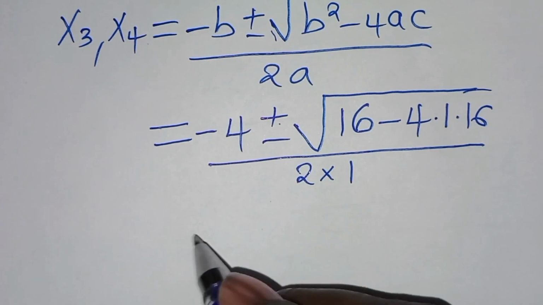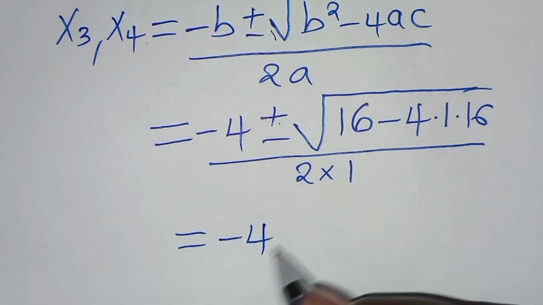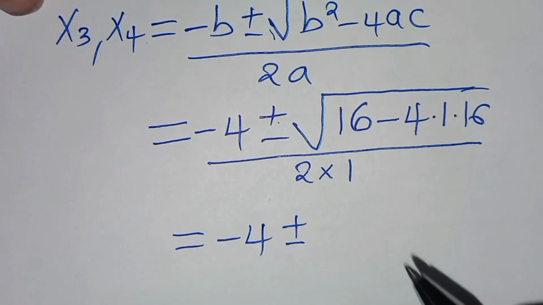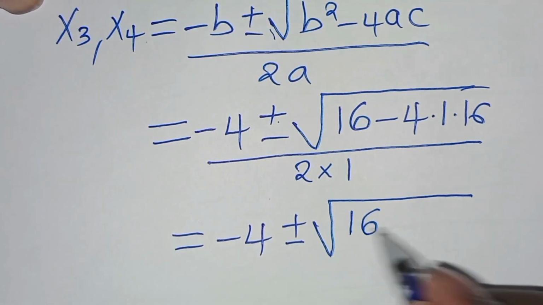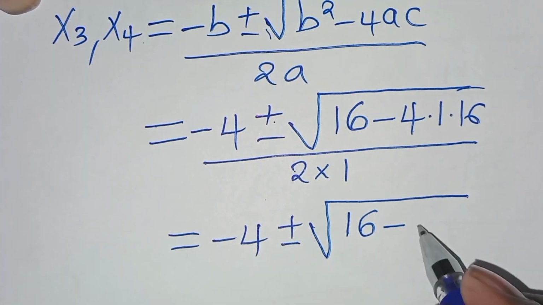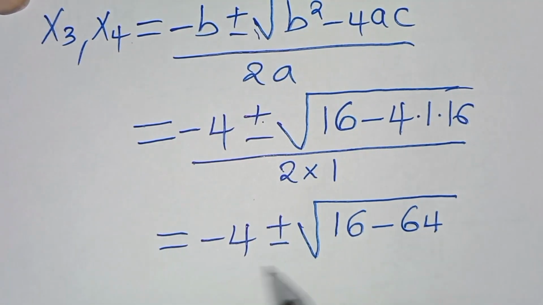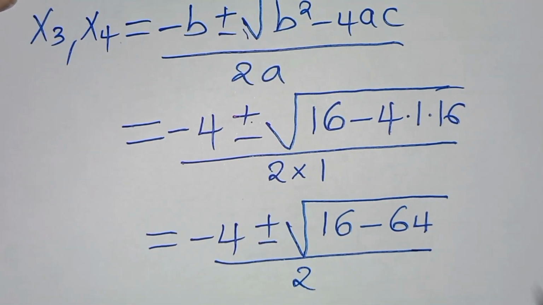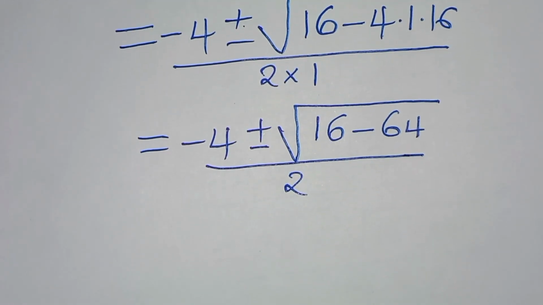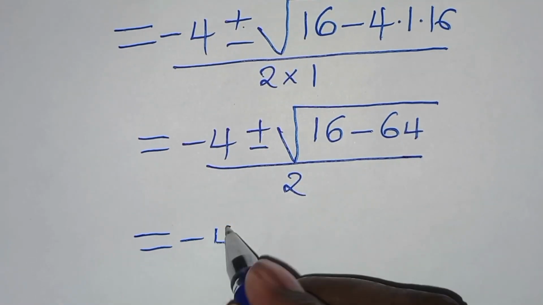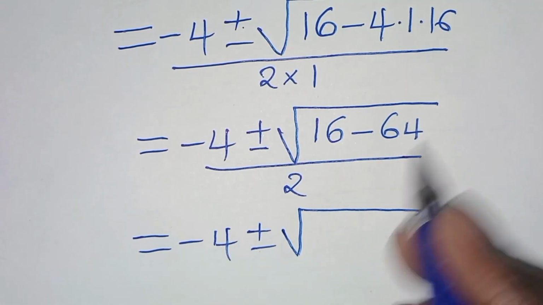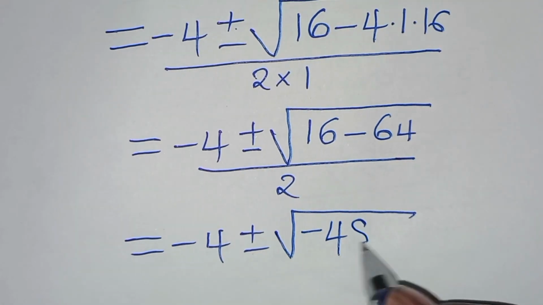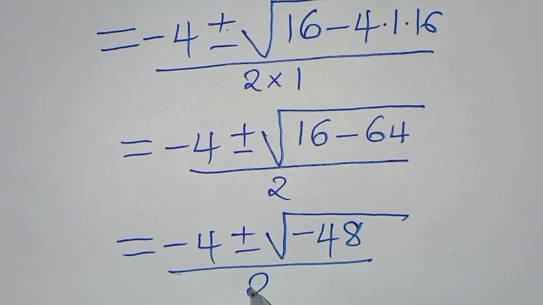Then this implies that we have minus 4 plus or minus the square root of 16 minus 16 times 4, which is 64, divided by 2. So here we have minus 4 plus or minus the square root of 16 minus 64, this is minus 48, all this divided by 2.